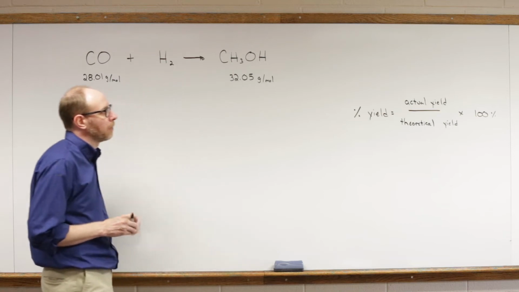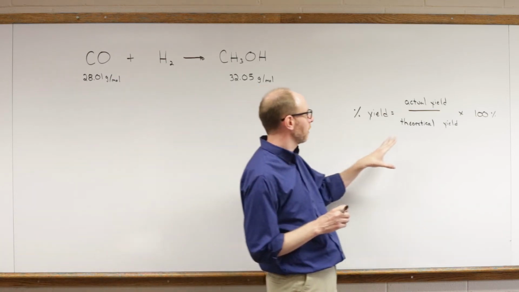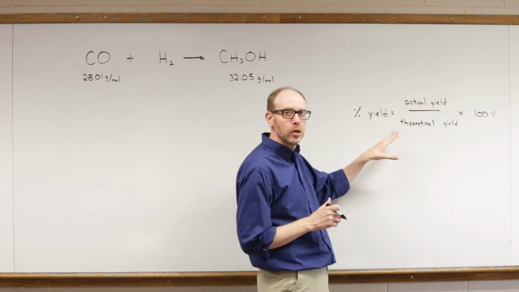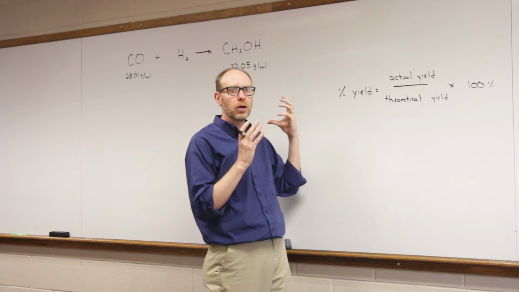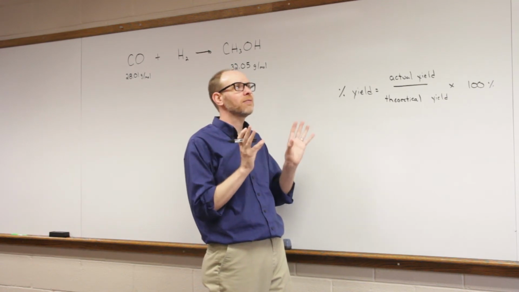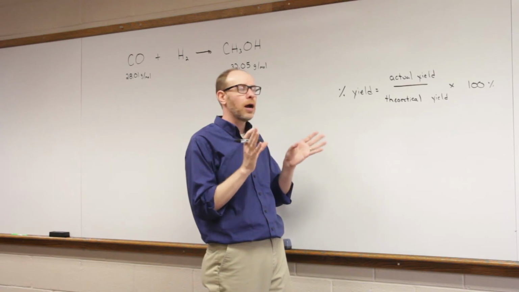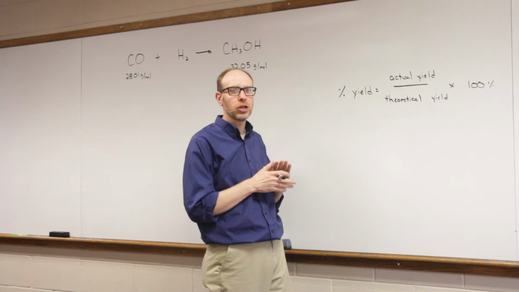Now, remember that we talked about this idea of percent yield, where percent yield gives us not a rough measure, but a measure of how effective or how efficient our reaction is performing.